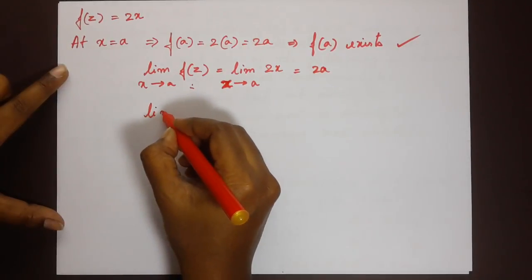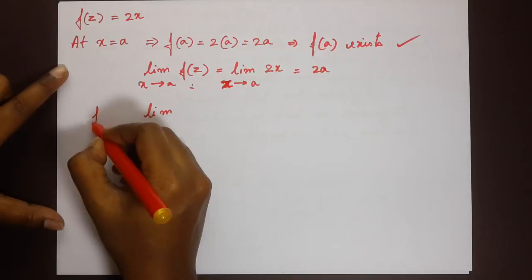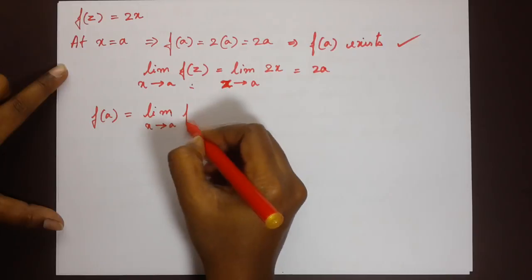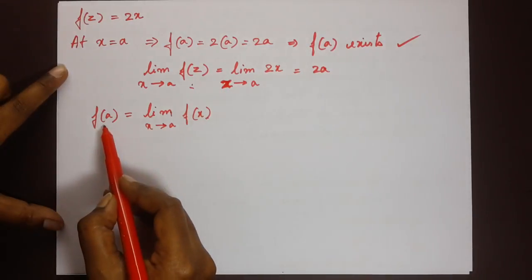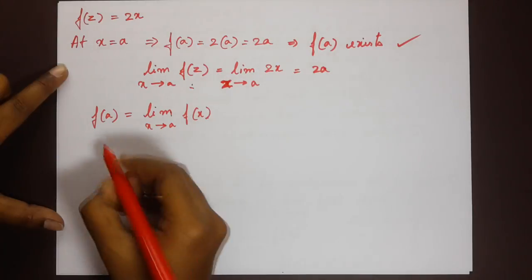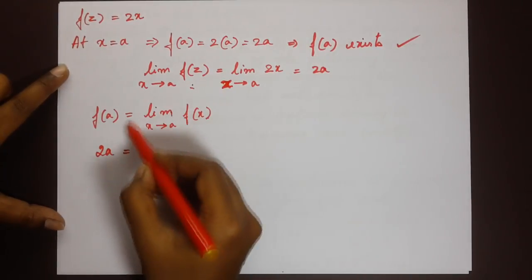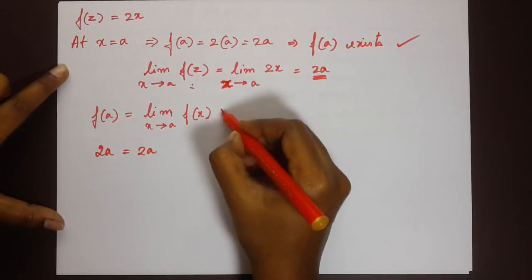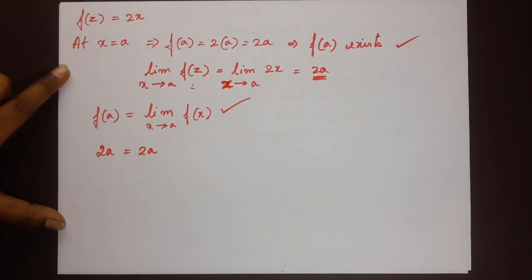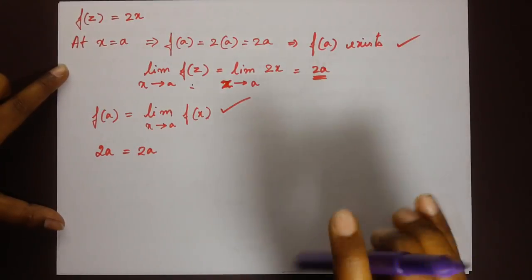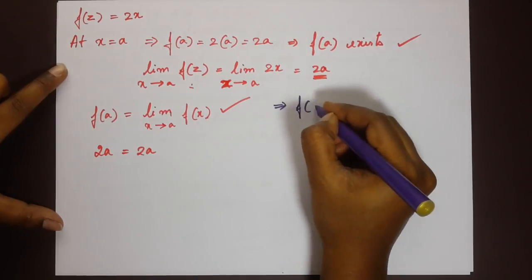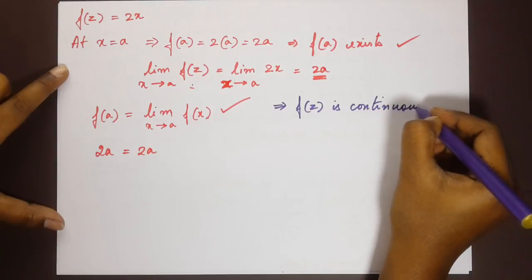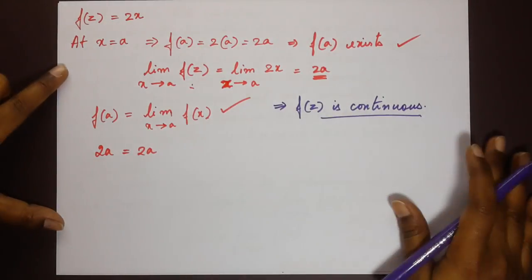Next condition says that f of a should equal the limit of x tends to a, f of x. We found that f of a is 2a. So 2a is equal to limit x tends to a, f of x, which is also 2a. So this is satisfied as well. Now because all of these conditions are satisfied, we say that the function f of z is continuous. So that's our first part proven.